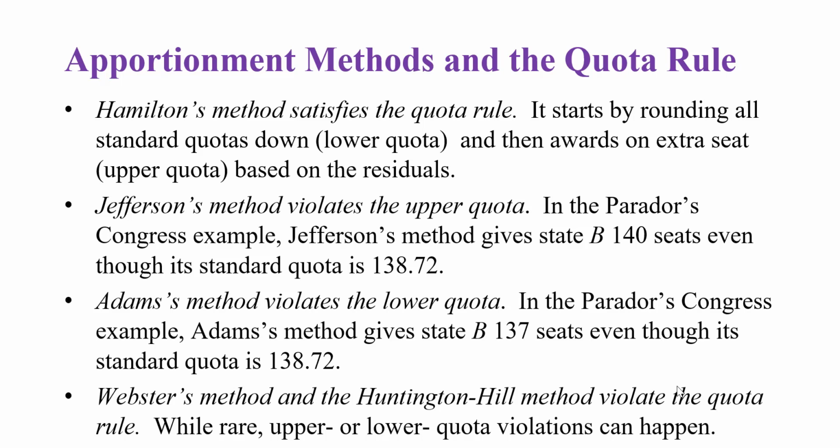Adams' method, because of the lower quota, Adams' method is, if you want to look back at your notes here, for Adams' method, Parador's Congress, Adams' method would be 137 seats, even though the standard quota, if you were going to divide it by the number of seats, you should have had 138.72.